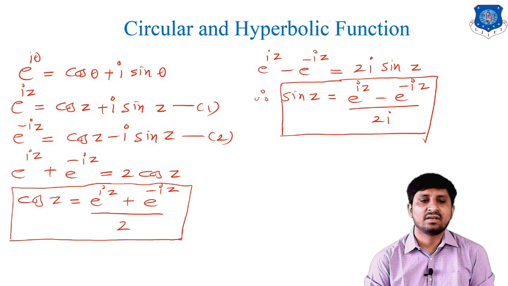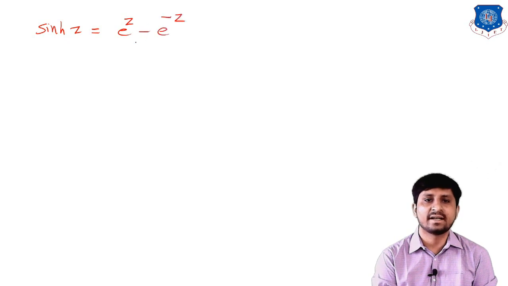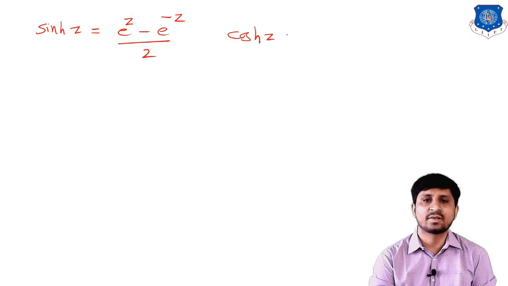Now we discuss hyperbolic functions. Sin hyperbolic z can be defined as e raised to z minus e raised to minus z divided by 2, and cos hyperbolic z can be defined as e raised to z plus e raised to minus z divided by 2.